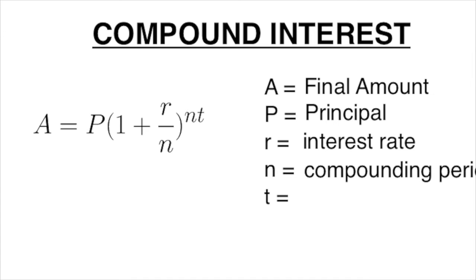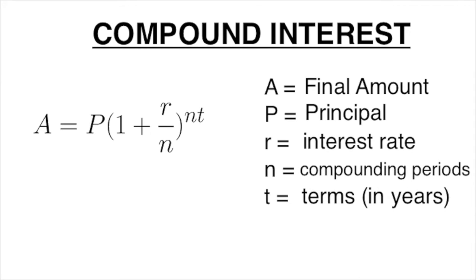Do you get it monthly, which means that the compounding period is 12? Do you get it weekly, which means 52 weeks in a year, so you get 52? Or do you get it daily, so 365? How often does the interest accrue? That's what N represents. T, again, is the term in years, so nothing new there.